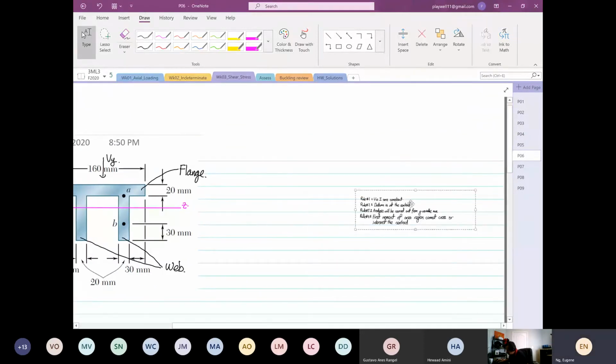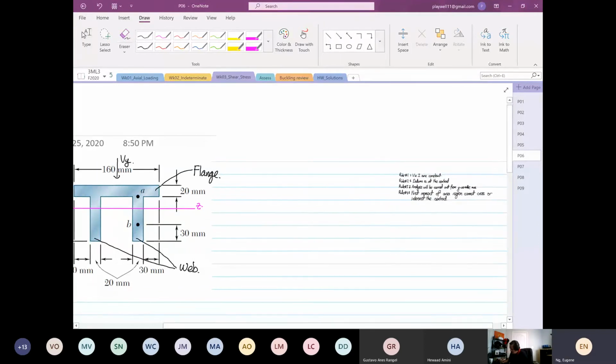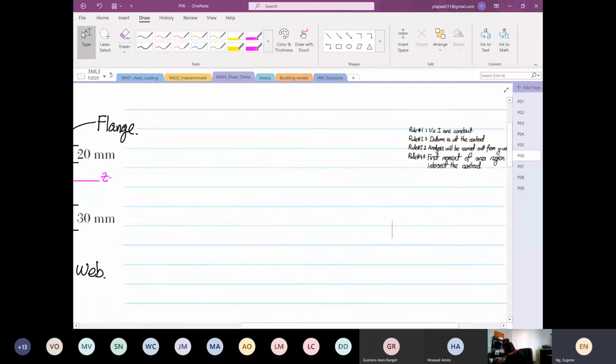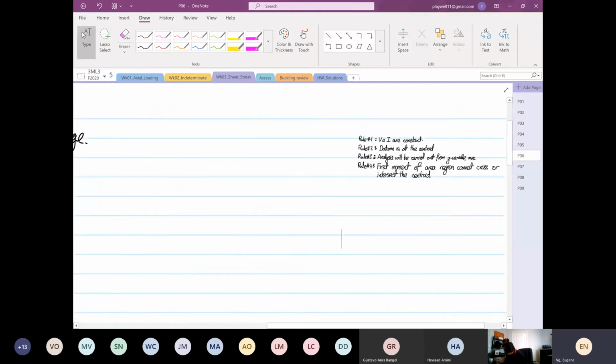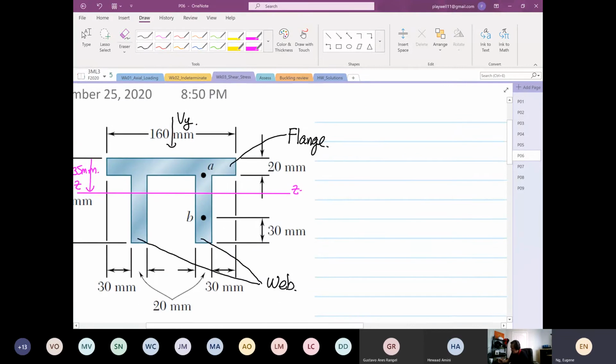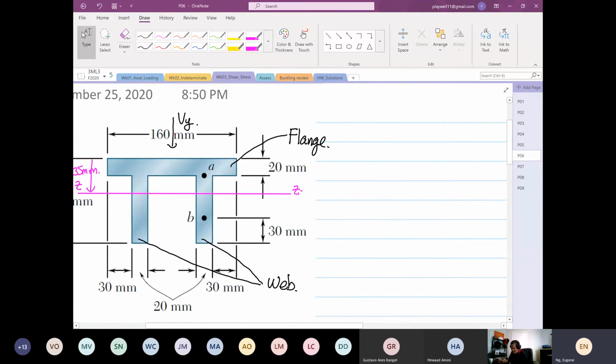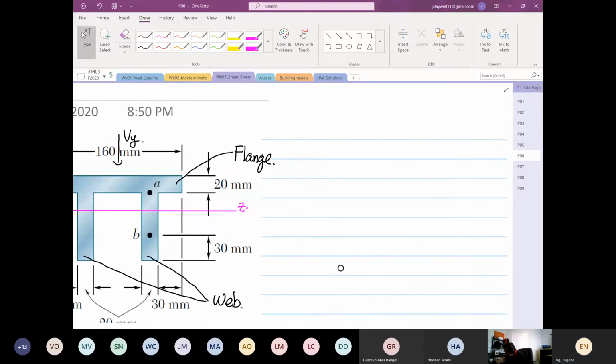I'm going to keep it small so that you can all see. One of the rules says the analysis will be carried out from Y variable maximum. So we are going to first look at the flange section.